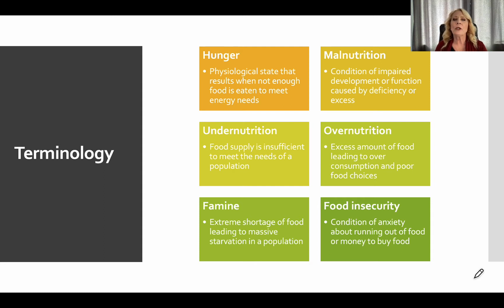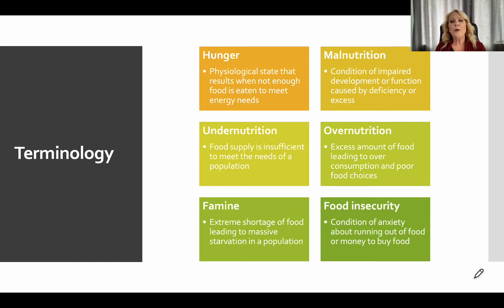So undernutrition is when the food supply is insufficient to meet the needs of a population. Overnutrition is when there's excess amounts of food leading to overconsumption of that food. Then famine, which we're going to go over. This is when there's an extreme shortage of food leading to massive starvation of a population.